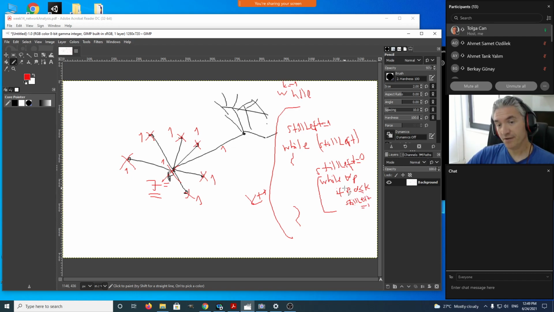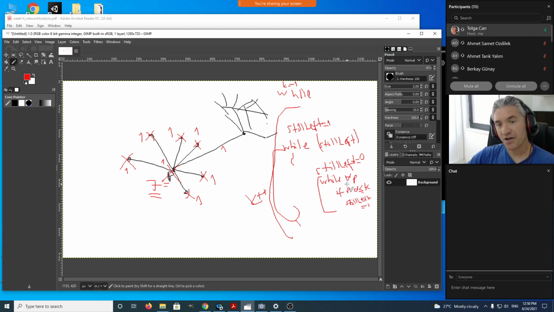But after its neighbors are removed, I say still left is equal to 1. There may be nodes still left to remove, and in the second iteration of this outer while loop, since I said still left is equal to 1 after I removed one node, removing even a single node here makes it potentially possible to remove another node in the next iteration.